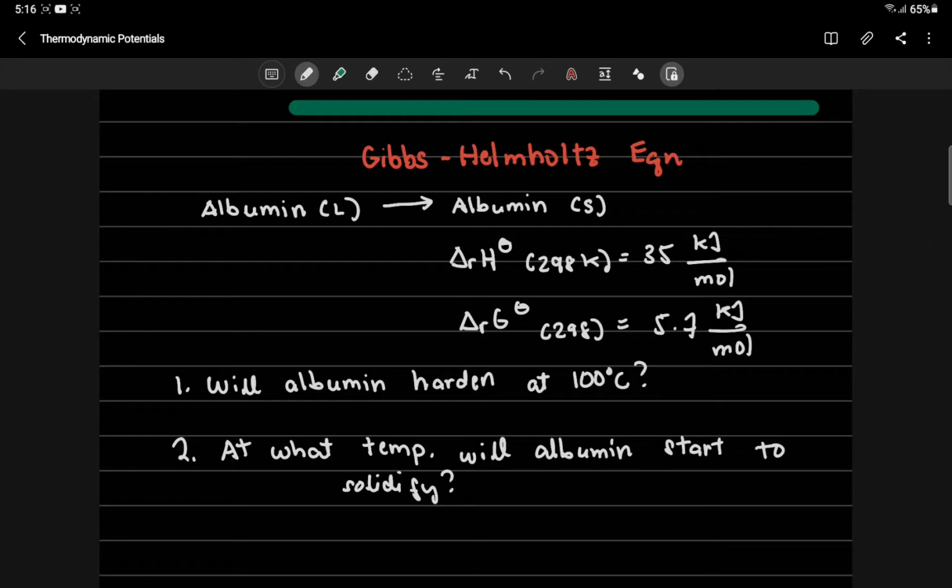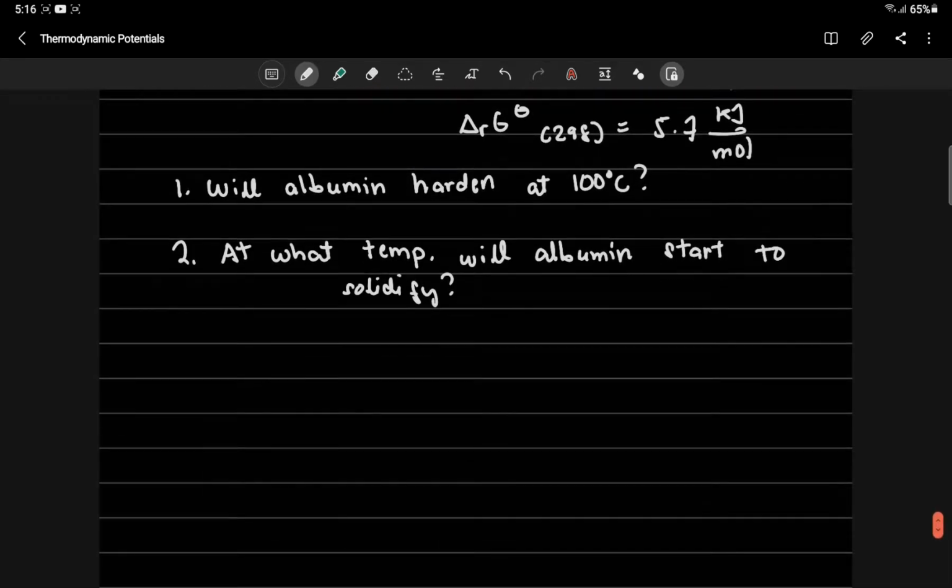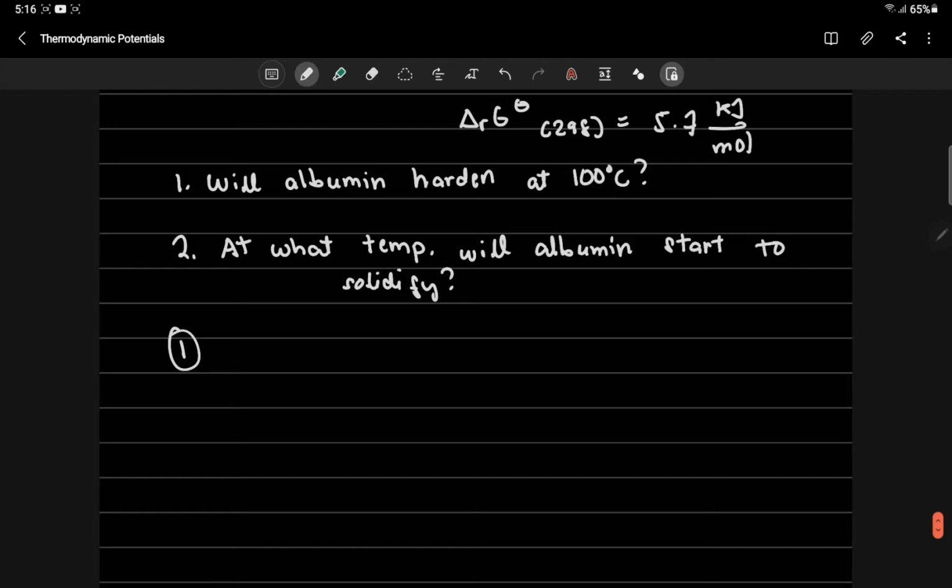So let's focus first on the first question. So, ang gagawin natin is we just have to apply the Gibbs-Helmholtz equation. We want to find the Gibbs free energy at 373 Kelvin, right? Or yung 100 degrees Celsius.